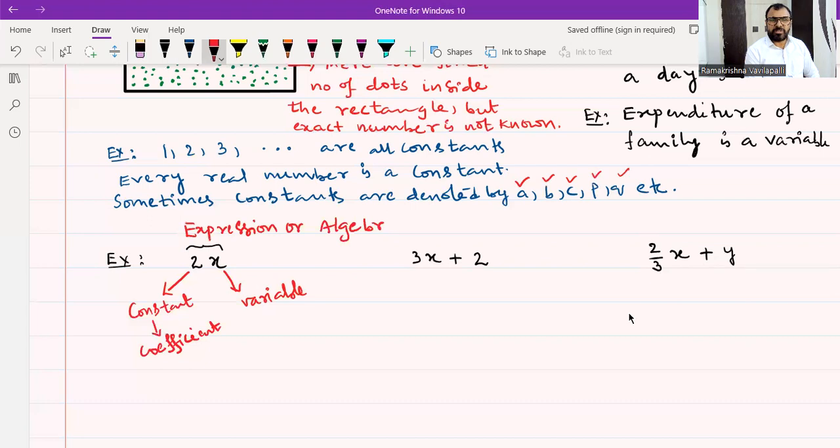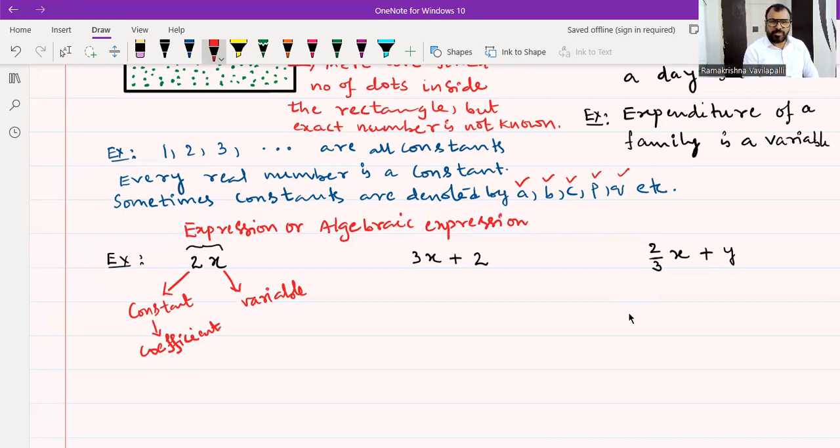So what is an algebraic expression? It can be obtained by algebraic operations such as addition, subtraction, multiplication, division, raising a power, etc. So if we have these operations on variables along with the constants, then the resulting expression is known as an algebraic expression.